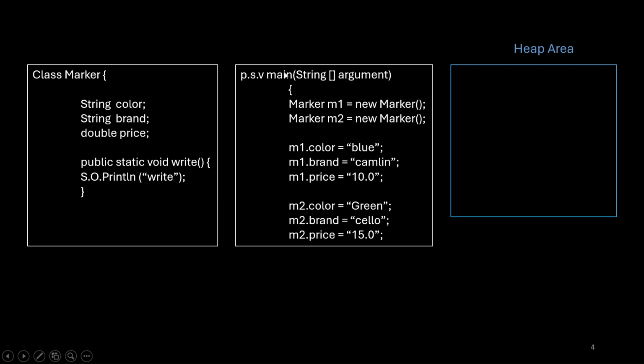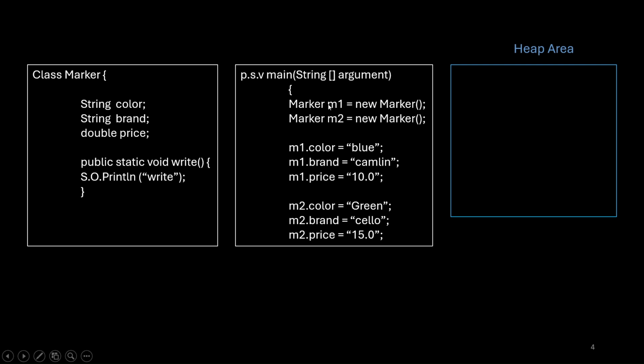And also here we have a main method. After the main method, we have an object. What type of object? A Marker type of object. Marker m1 is equal to new Marker.